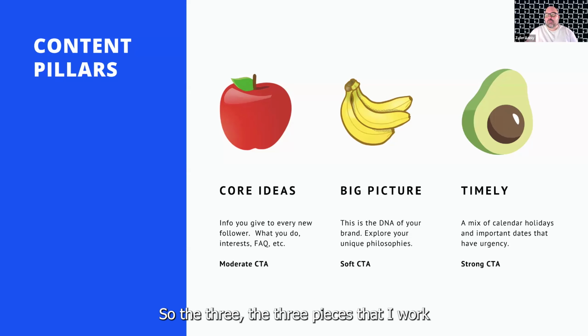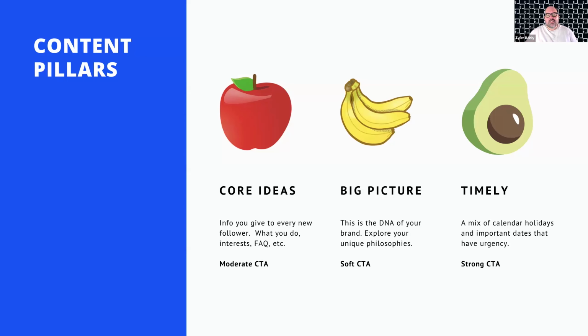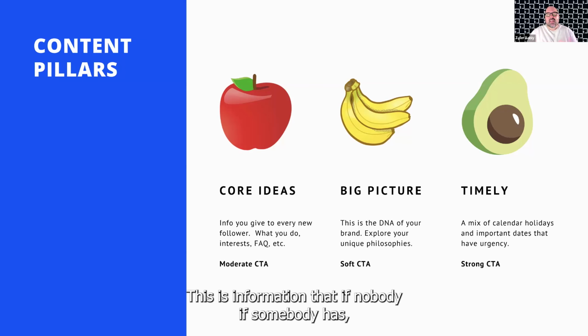The first one, which I've represented with an apple, is called core ideas. Your core ideas are all of the meat and potato information, the 101 information, for somebody who knows nothing about what you do or who you are.